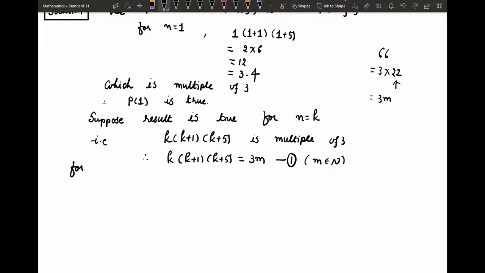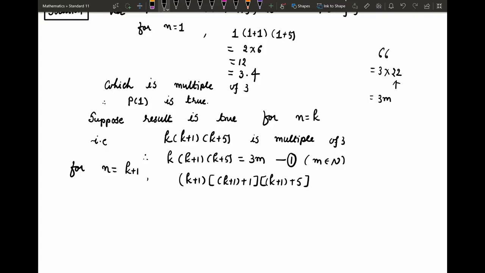So for n equal to k plus 1, replace n by k plus 1 in the given expression: k plus 1 into k plus 1 plus 1 into k plus 1 plus 5.